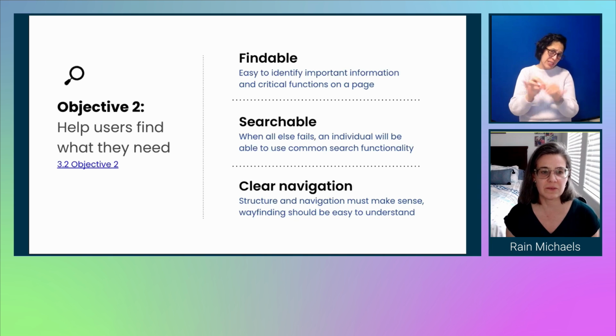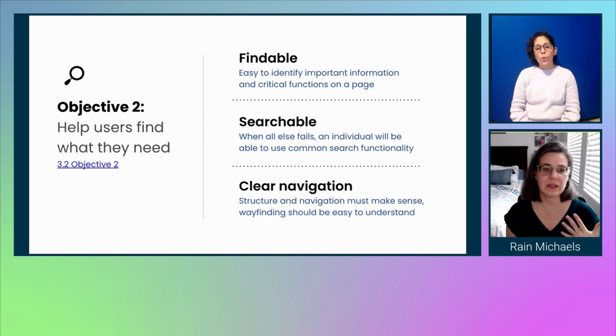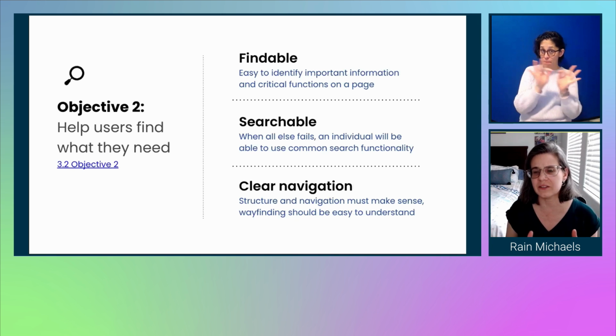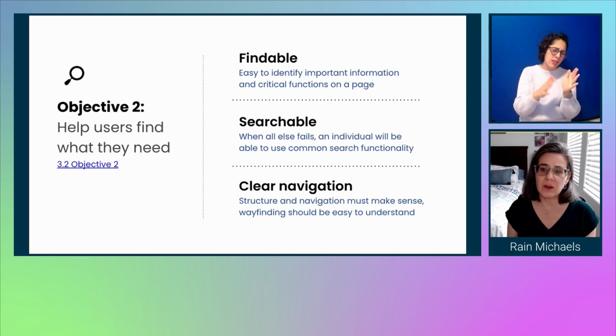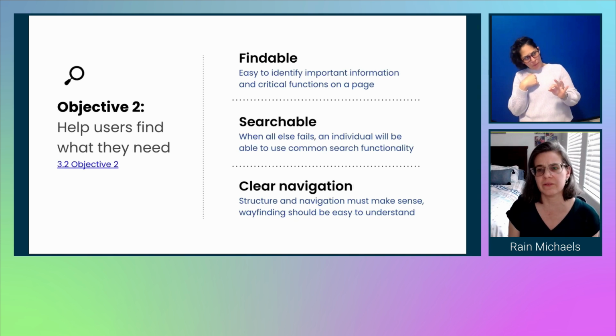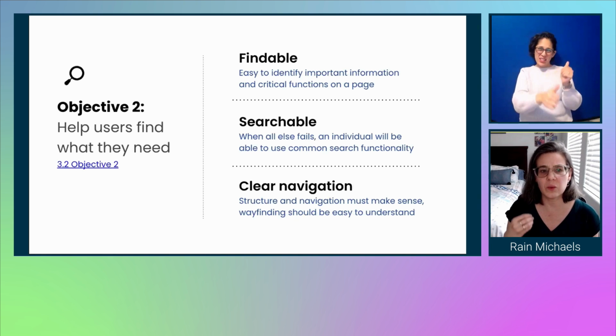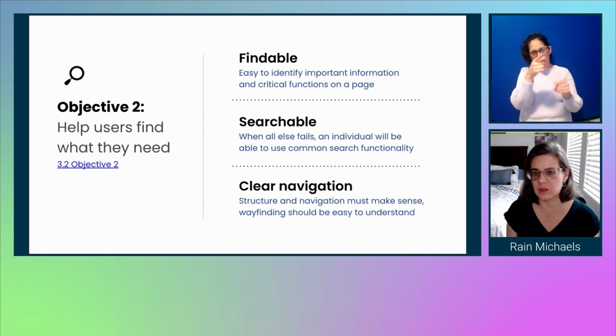So when we're talking about findability, we're talking about information on the page being easy to identify, and that the important information, not just any information, is easy to identify, but that the person accessing that information can really tell right away what is the most important information on this page and what are the critical functions on this page.